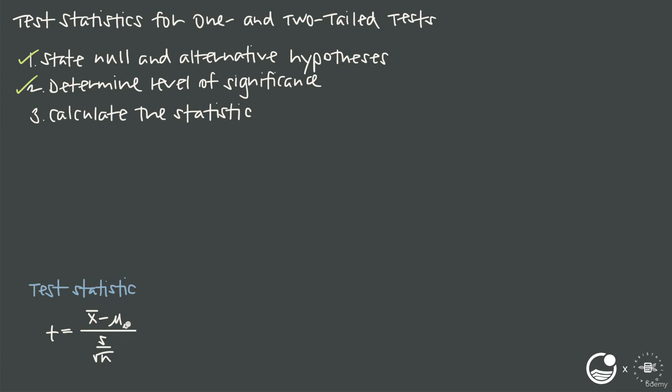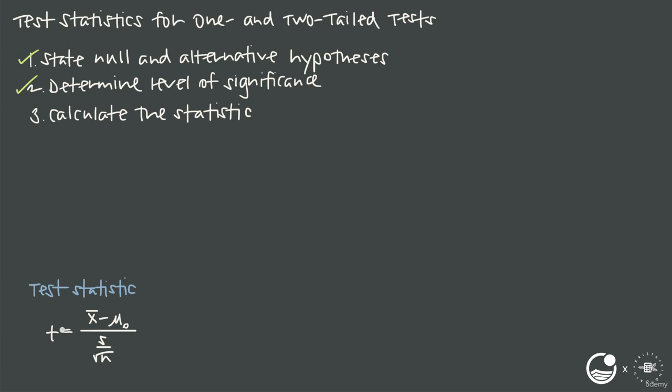If we do happen to know population standard deviation, then we can calculate a z-score instead, in which case the formula is exactly the same except that we have z equals instead of t equals, and instead of sample standard deviation, we would use population standard deviation. But since we almost never know it, we'll assume here that we are calculating a t-score.